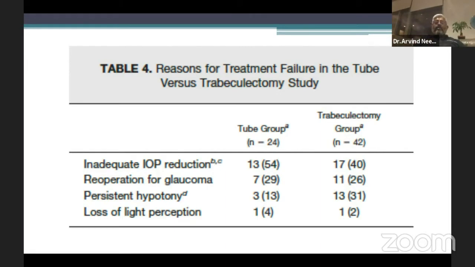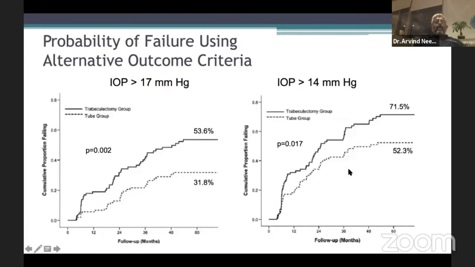And there were very few patients in either group that actually lost vision. There was loss of light perception in 1 patient in the tube group and 1 in the trabeculectomy group. So if you were to use stricter definitions of success, that is, if you failed with a pressure over 17 or failed with a pressure of 14, especially given that these are advanced glaucoma patients, the numbers change again.